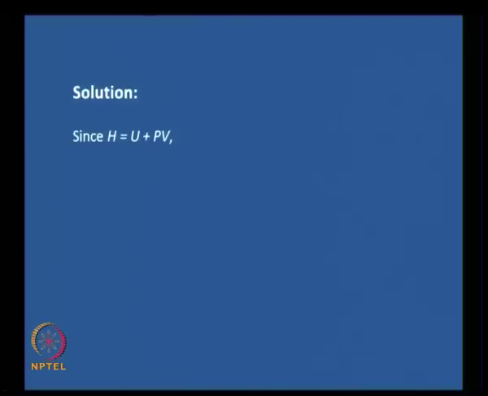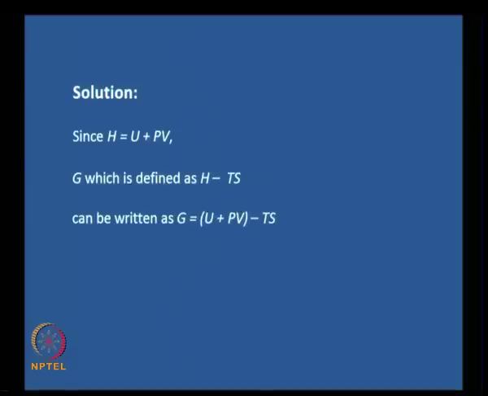You would have had time to work things out, about 10 minutes. Now let us look at the solution. We know that H equals U plus PV by the definition, and therefore G, which is defined as H minus TS, you can go back to the equation and take a look at it.